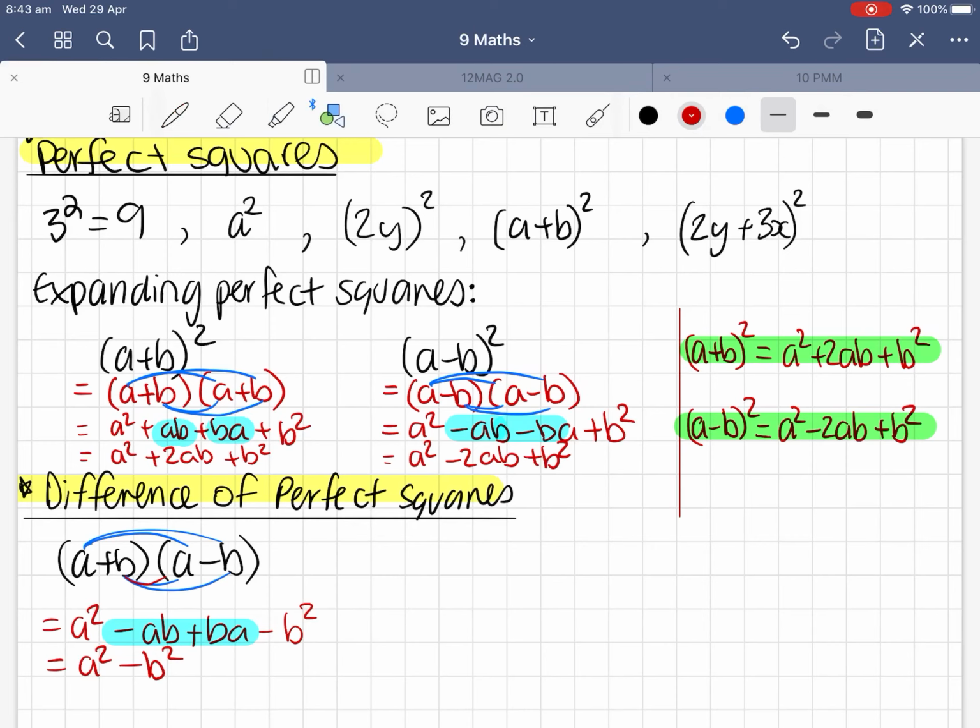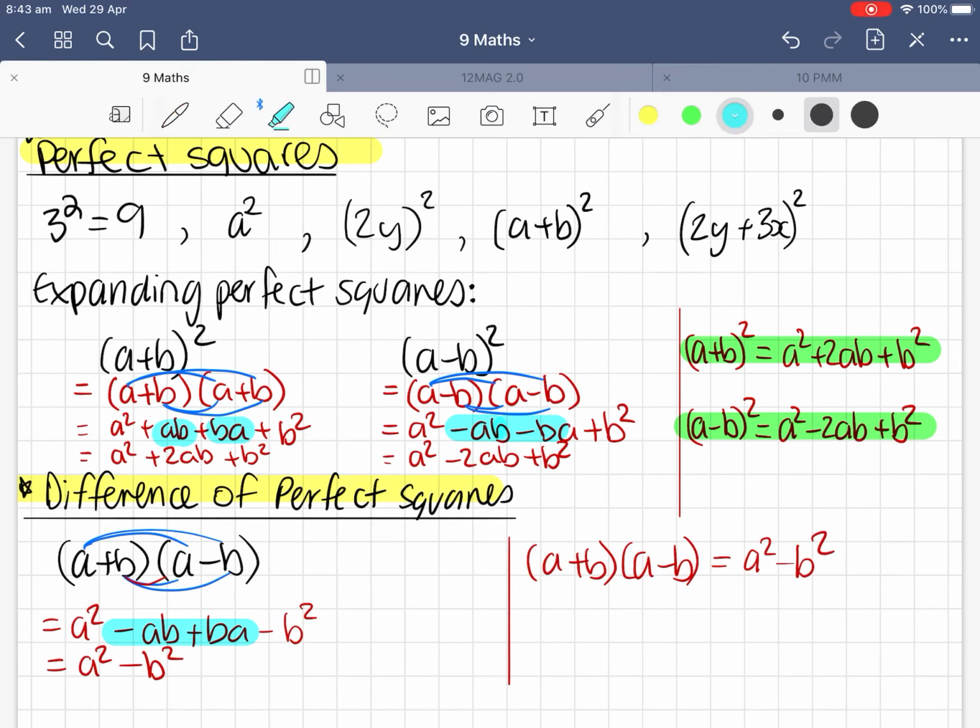So as our third general rule of the day, a difference of two squares, if you ever see a plus b, a minus b, you can immediately, without going through any of the distributive law expansion, write the answer as a squared minus b squared. All right, there's no c in this one. It's not Pythagoras. How sad's that?